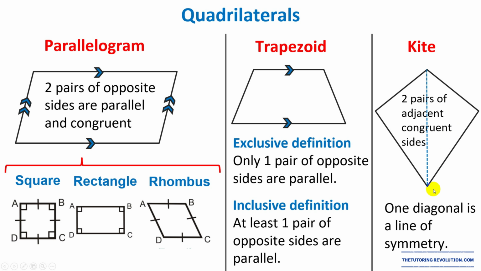As a consequence of that, this pair of sides will be congruent, and this pair of sides will also be congruent to each other. That's why we label these two with blue, meaning this length and this length are the same, and these two with red, meaning these two have the same length. Okay? So that will be the definition of kite.